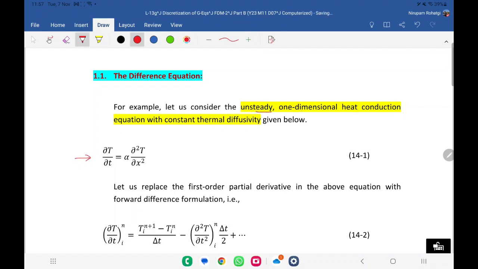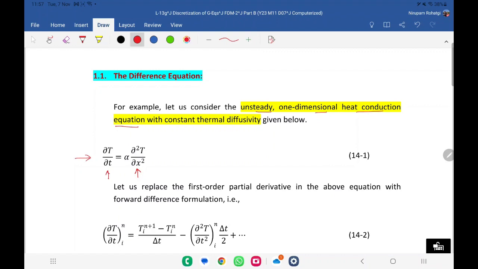It is the unsteady, one-dimensional heat conduction equation. The simplest equation we have taken. Now if you look at this, on the left side it is the first derivative. On the right side, it is the second derivative. What we do is break it into an algebraic equation, on the left side and on the right side.